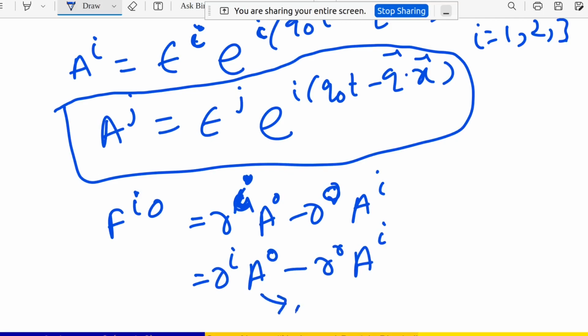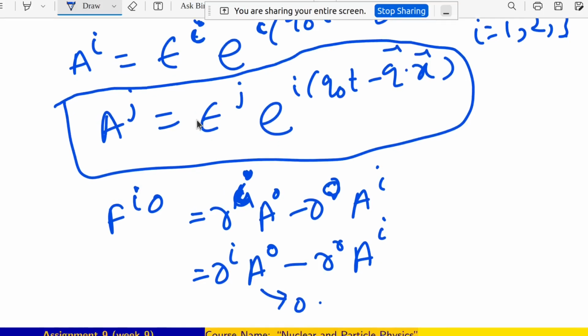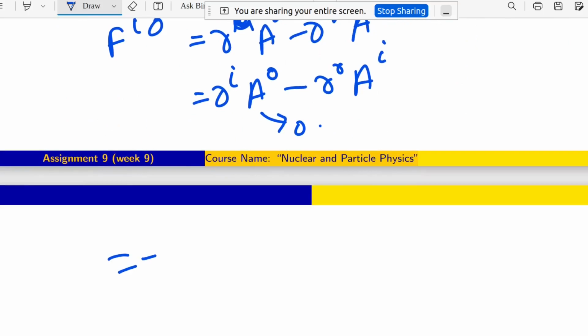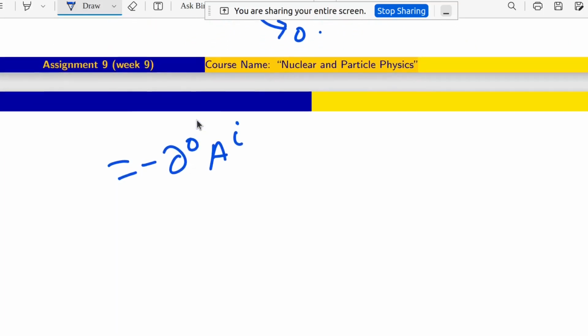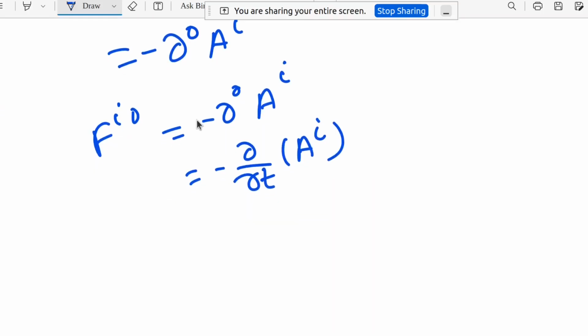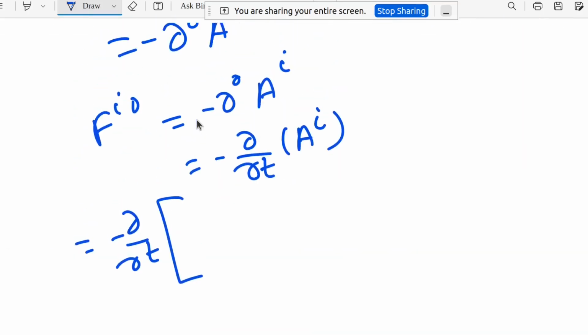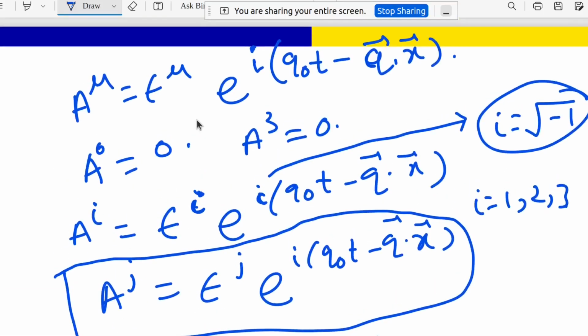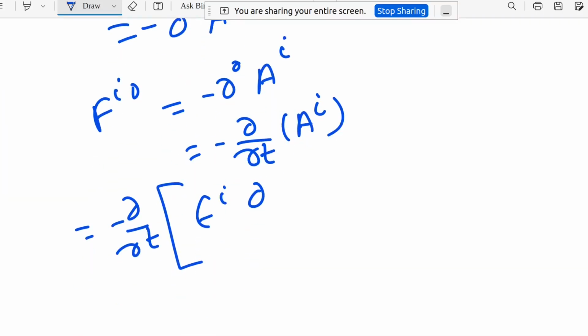As A0 is 0, we don't have to do anything with that. Then what will be happening here? Del_0 A_i only. So F_i0 is nothing but del_0 A_i, and del_0 is del t of A_i. The A_i expression I have already mentioned: epsilon_i e to the power i (q0 t minus q vector dot x vector).